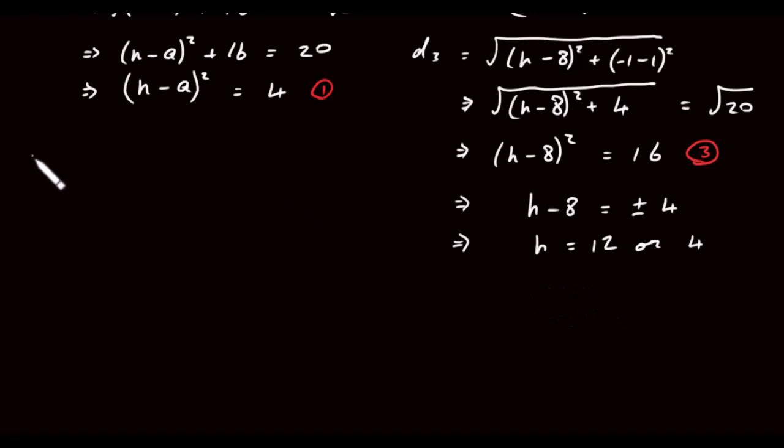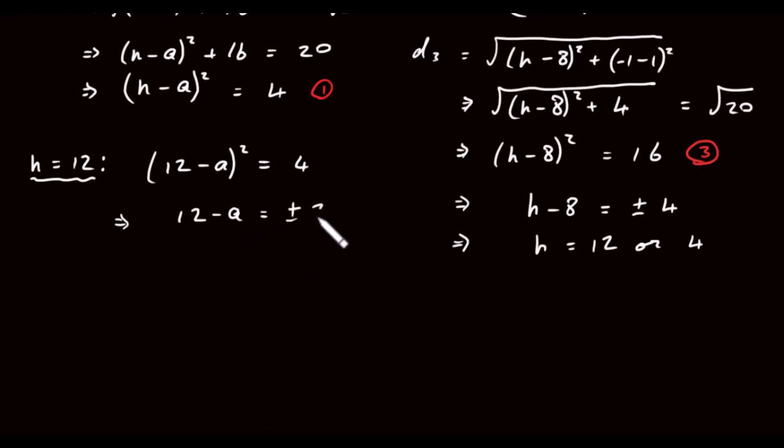So let's take h is equal to 12 first. We can take this equation here, for example. So let's put in 12 there. That will give us (12 − a)² is equal to 4. That gives me 12 − a is equal to plus or minus 2.